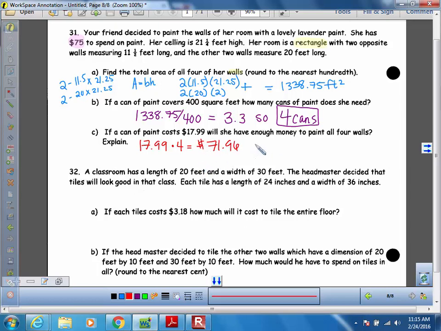So yes, she'd have enough, because the price of the paint is less than what she has.